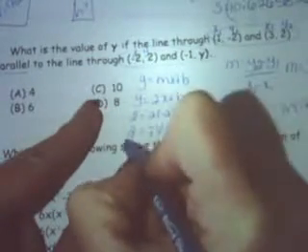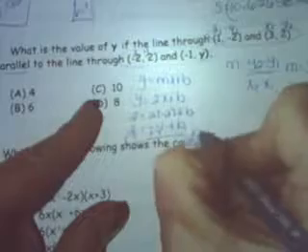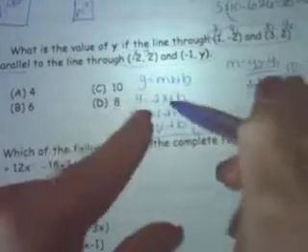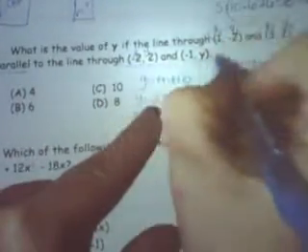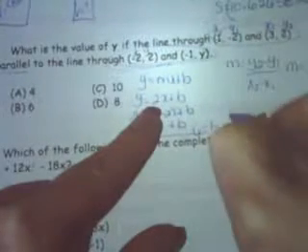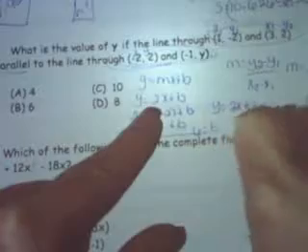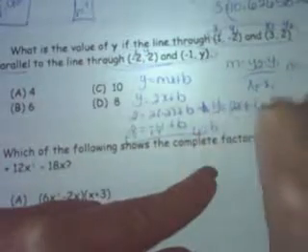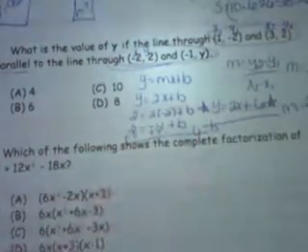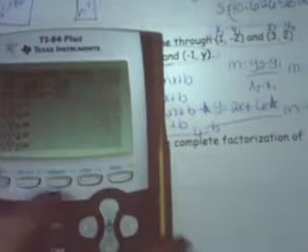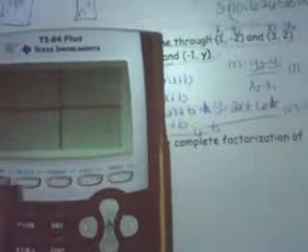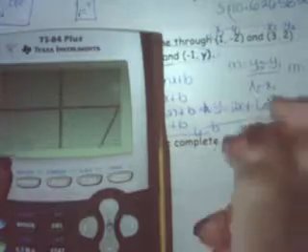Add 4 to each side. 6 equals your b. So the equation of the line that goes through these 2 points is y equals 2x plus 6. Now all you're going to do is graph this line in your calculator. Y equals, clear out anything that's there.